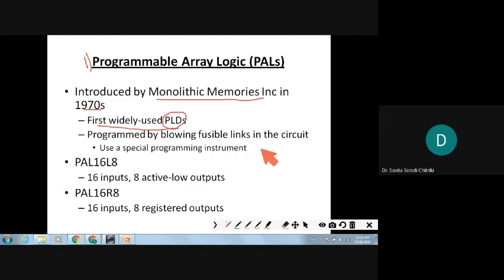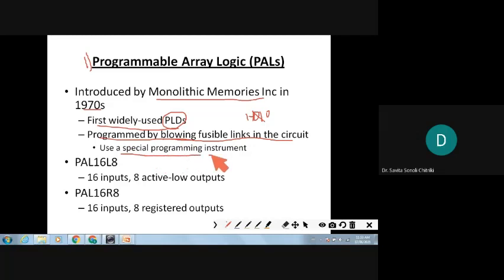Whichever links you don't want will be blown off. Think if I want to store 1010, then I will blow off the fuse in this cell. Permanently the connection will be lost.